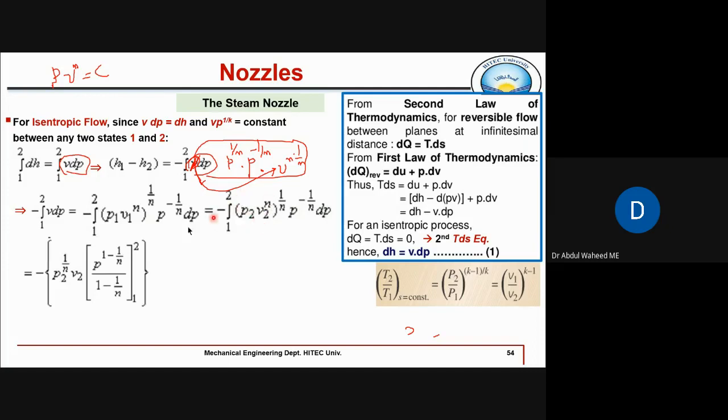Right. So that is written separately, and you integrate this: P to the power minus 1 over n plus 1, over minus 1 over n plus 1. Right. And the limits 1 to 2 are applied. Right. Any question from this step till this step?